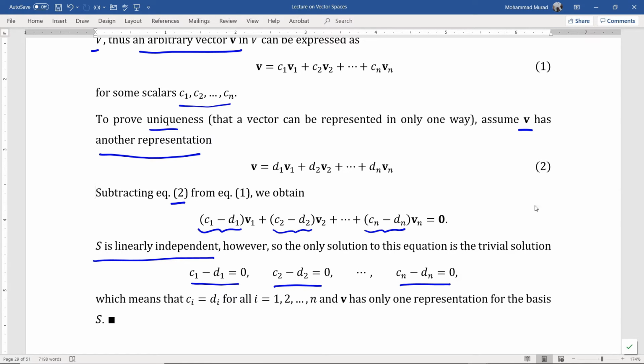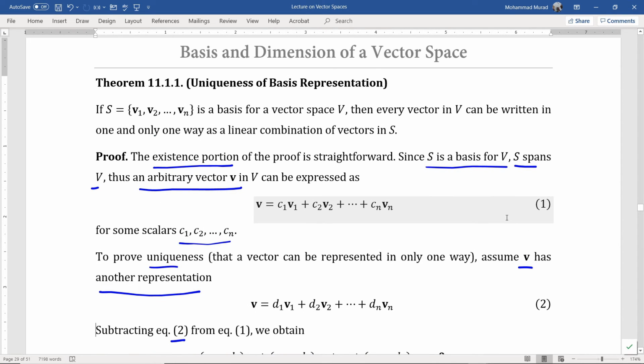Which means that c sub i equals d sub i for all i, 1, 2, all the way up to n. And the vector v has only one representation for the basis S. So we proved that a vector v in a vector space V can be written as a linear combination of the basis vectors in one and only one way.